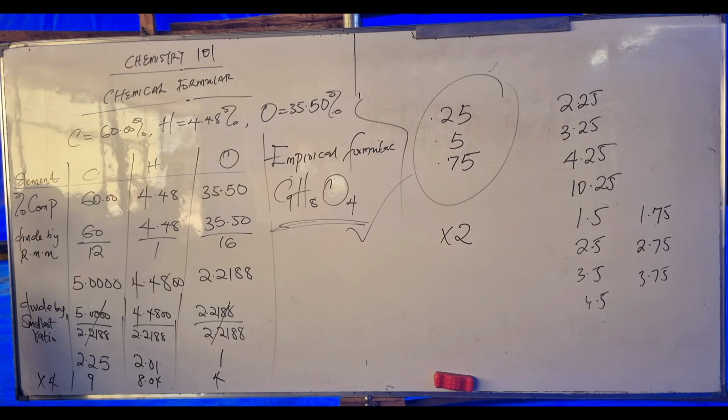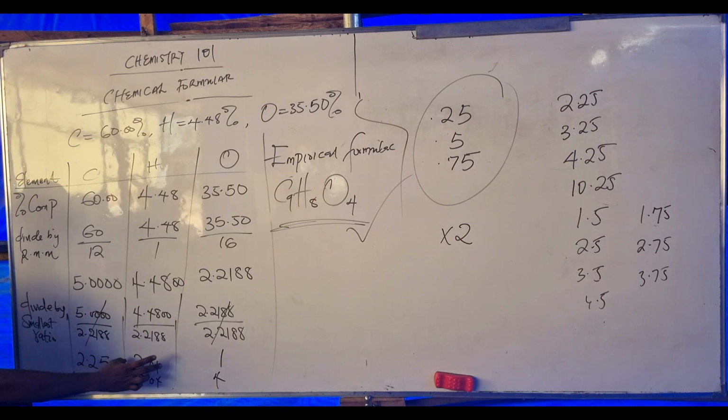What if it's 8? You mean after multiplying it and you have 8? That will be the answer now. No, all of them. If I'm multiplying by 4, this 4 will affect all of them.